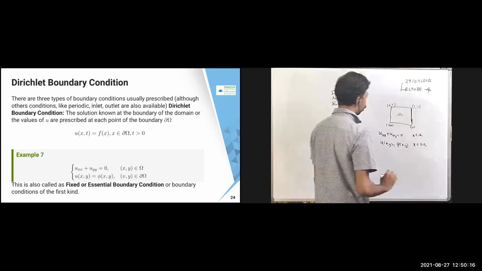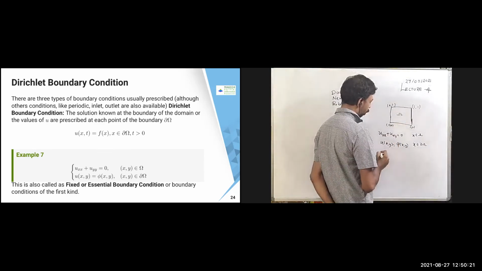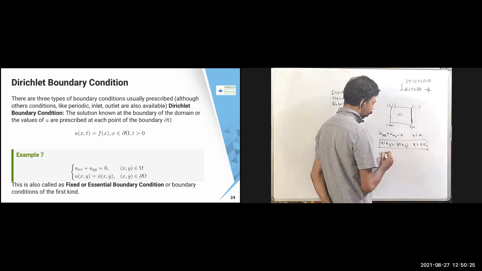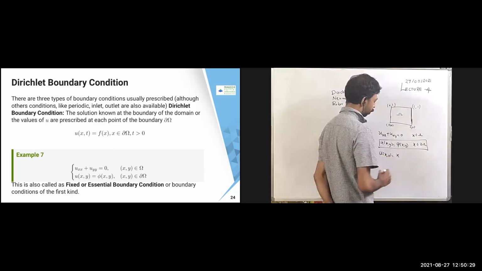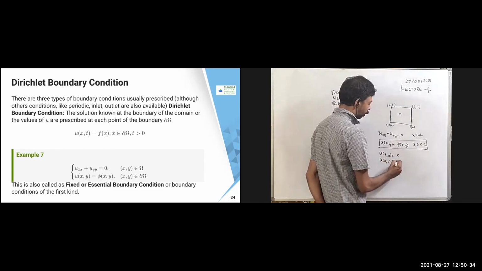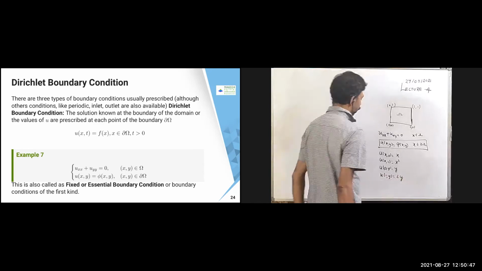Let me explain that. For example, I'm rewriting this equation in this form: u(x, 0) = x, and u(x, 1) = x squared, and u(0, y) = y, and u(1, y) = 2y.